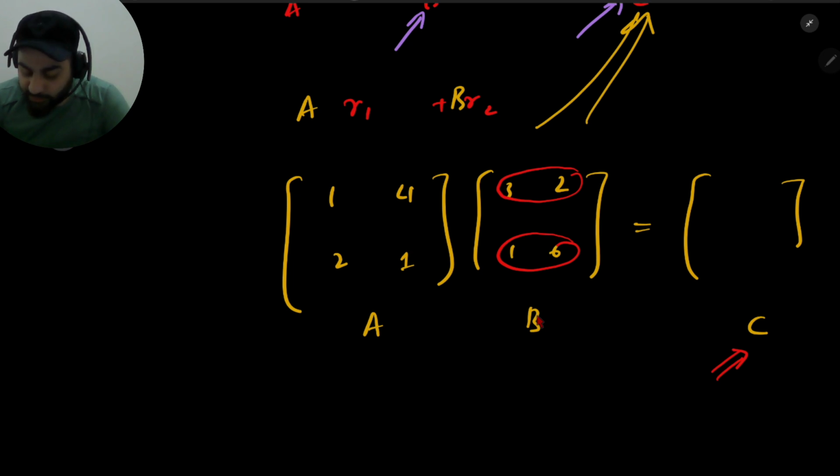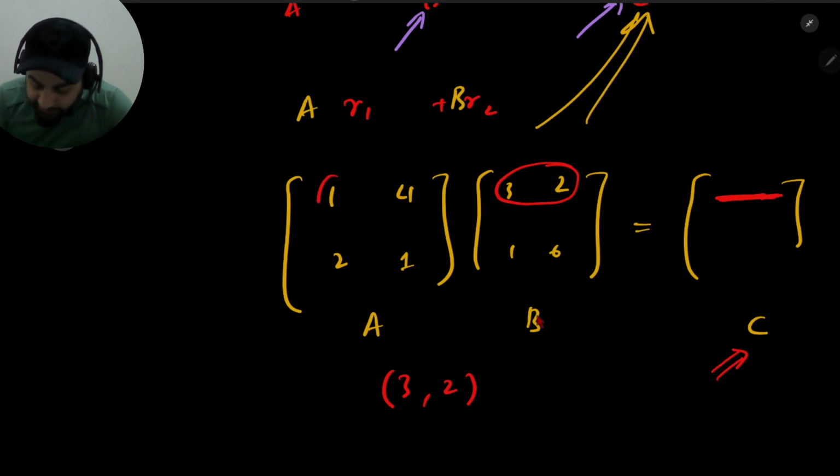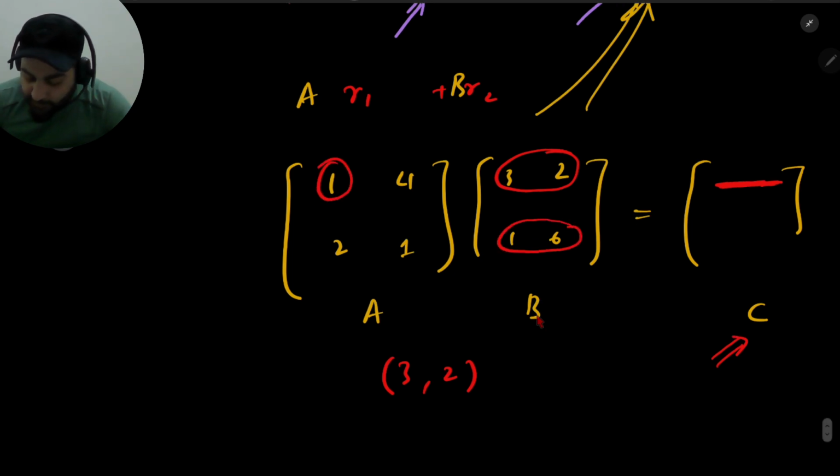In order to get this row, you'll take this 3 comma 2 first and multiply it with this. Then you will take the second row and this will be the multiplier. Let's call these row 1 and row 2. So you are taking a linear combination of row 1 and row 2.